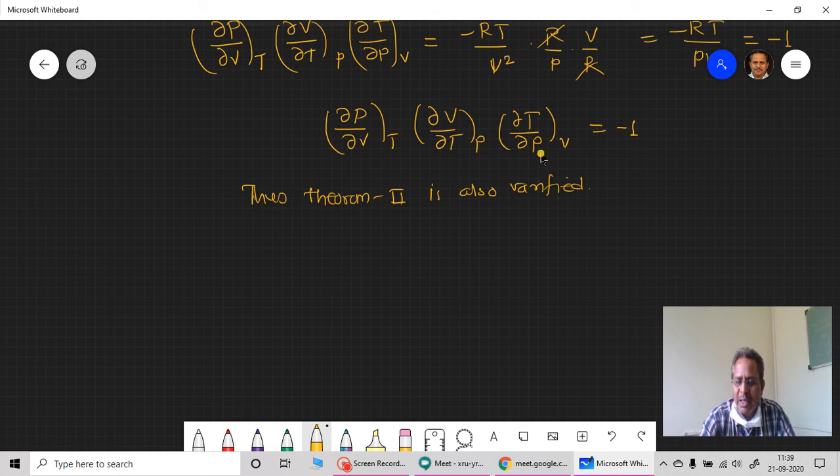So look at this, what I have: P, V and T, these are the three variables which are interdependent. As I said earlier, if any two are known, the third can be calculated. In this type of conditions, theorem 1 and theorem 2 are found to be exactly correct, or they are verified as we have shown in this particular example.